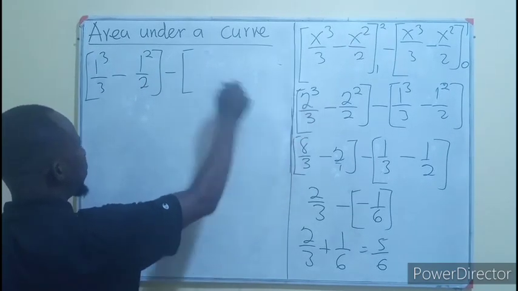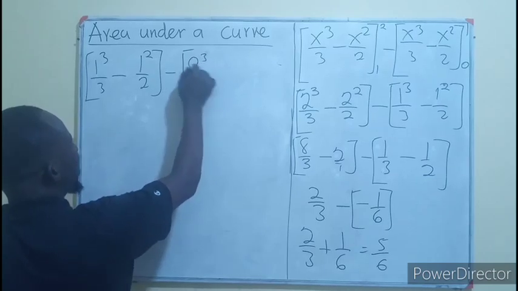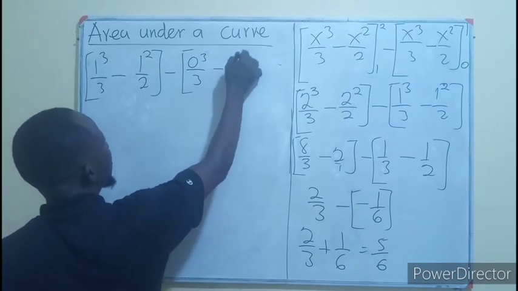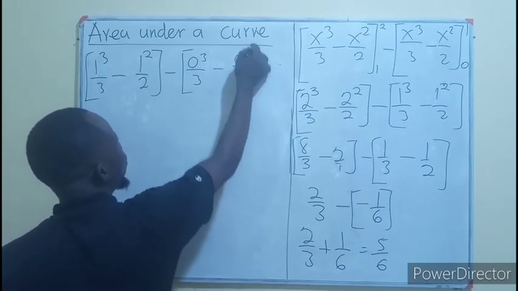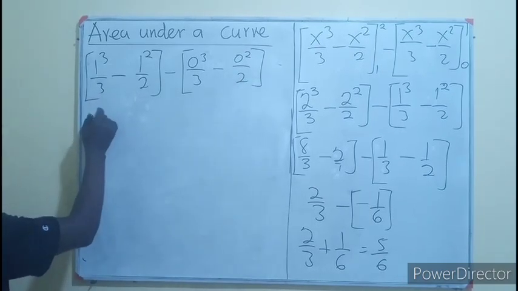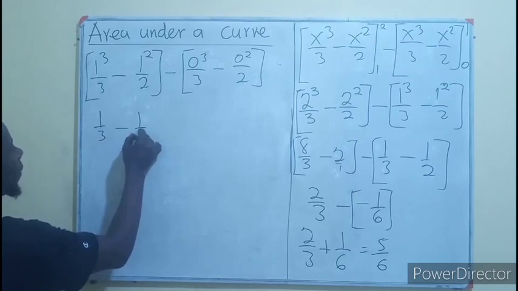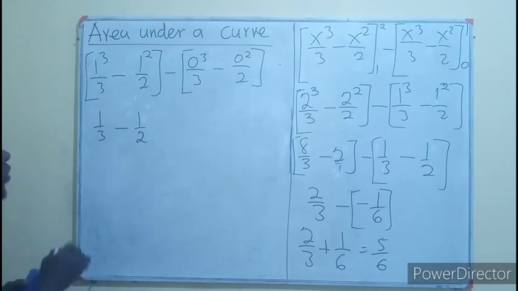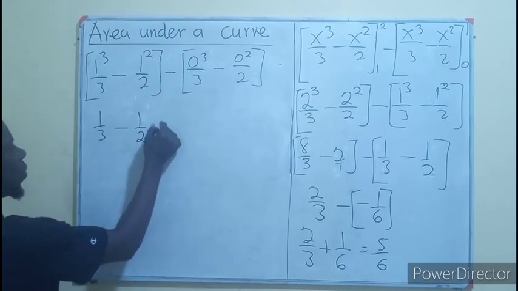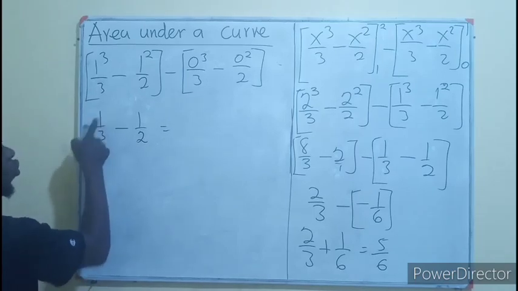We are going for the lower limit, which will be 0 exponent 3 over 3, 0 exponent 2 over 2. Obviously, it will be 0. So this will be 1 out of 3 minus 1 out of 2.